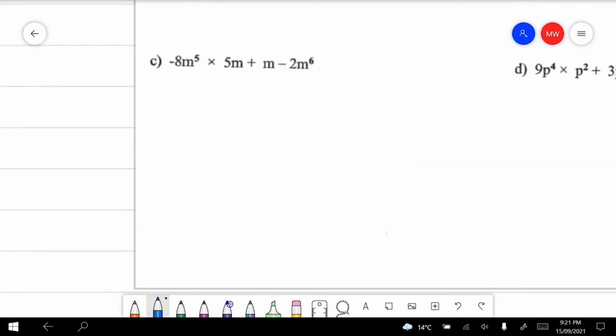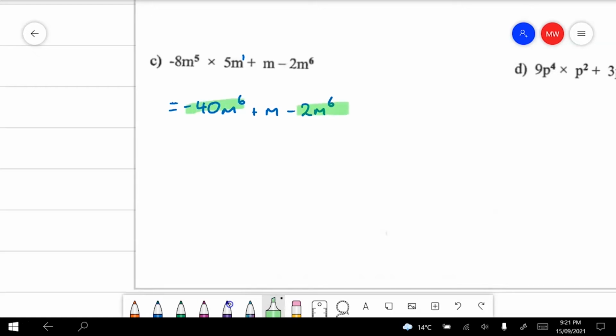Question C, again, we're going to have to do the multiplication first. So we've got minus 8 times 5, which is minus 40. And then I've got m to the 5 plus 1, so 6. I've got this little m sitting here, and I've got my minus 2 m to the 6's here. So we have got some like terms.